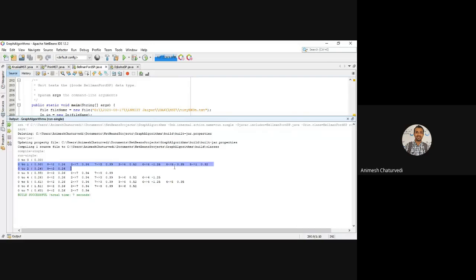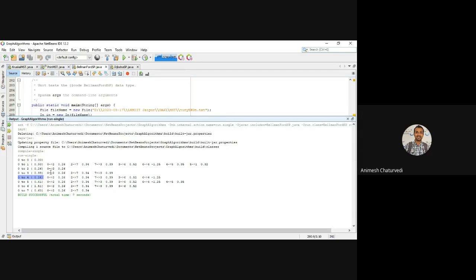Source 0 is connected with 1 with 0.93 weight, meaning this is the distance from 0 to 1. This is the distance between 0 and 2 with 0.26. 0 to 3 is 0.99. 0 to 4 is 0.46.